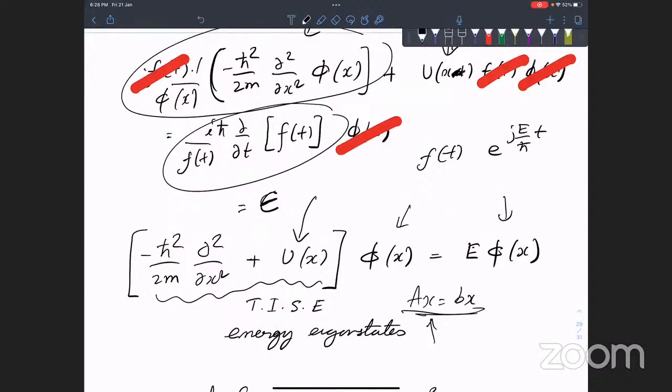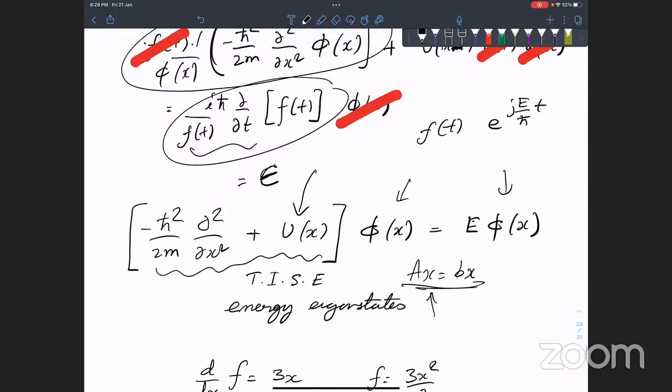And this i h-bar d/dt is called the energy operator. They're different, okay? Hamiltonian operator is different from the energy operator. They're two different operators. The Hamiltonian operator, as you can see, will have a combination of two operators, right? And the energy operator simply differentiates with respect to time.